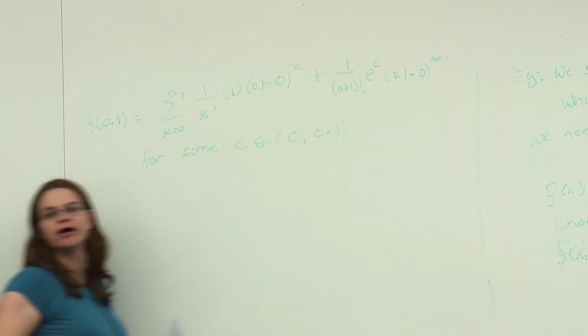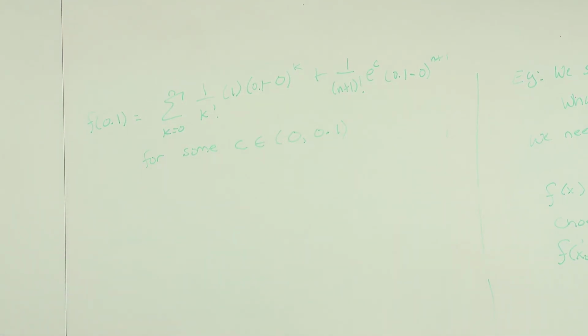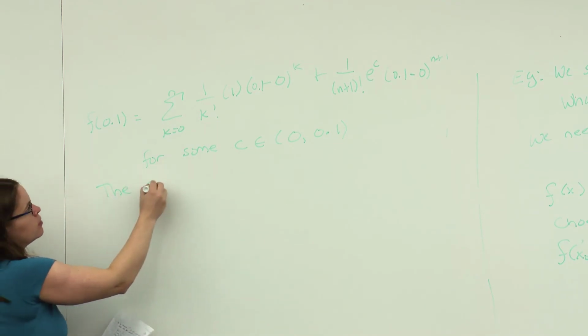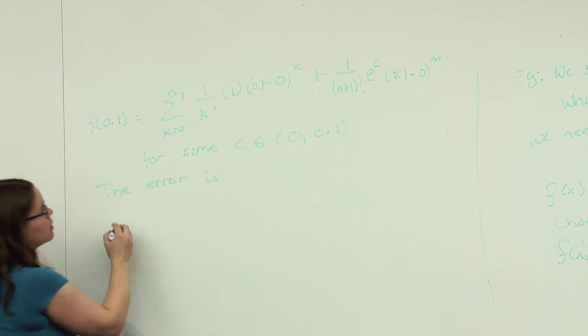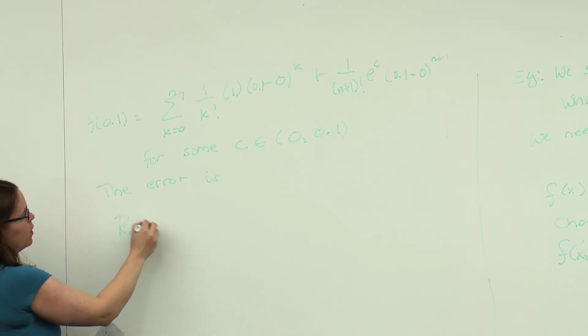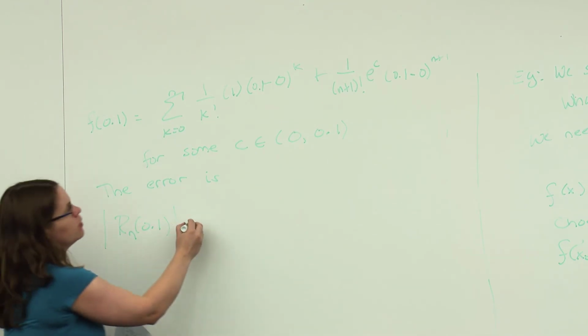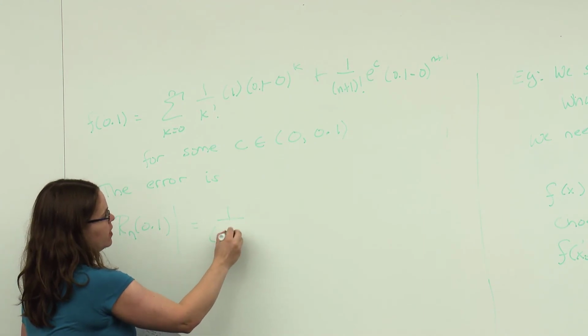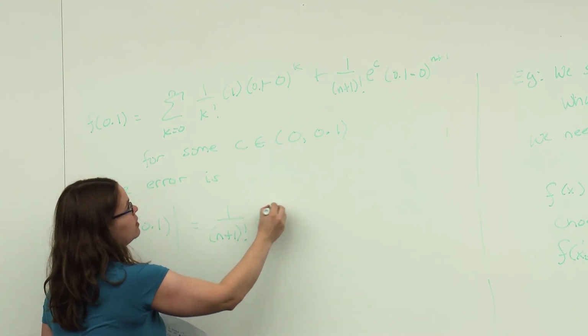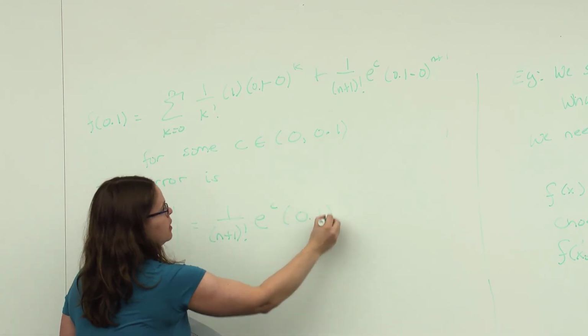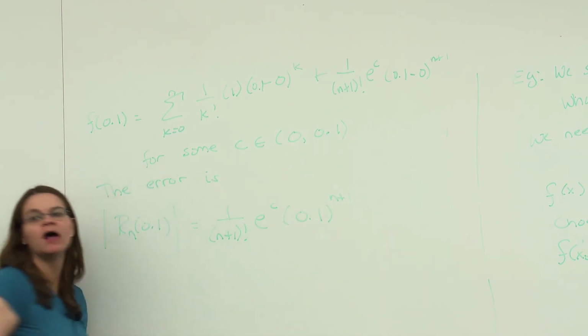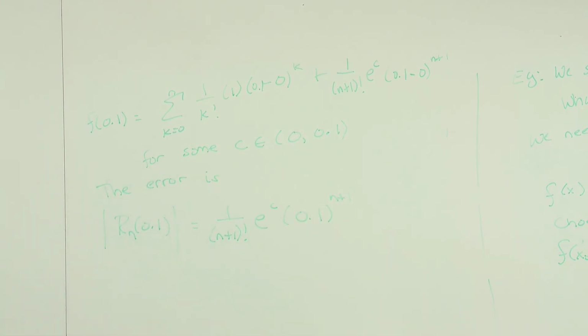So we need to figure out what's going on with this error term, how to control that. So the error is R_n of 0.1, and I care about its absolute value, which is 1 over n plus 1 factorial e to the c times 0.1 to the n plus 1. These all happen to be positive terms in this case.